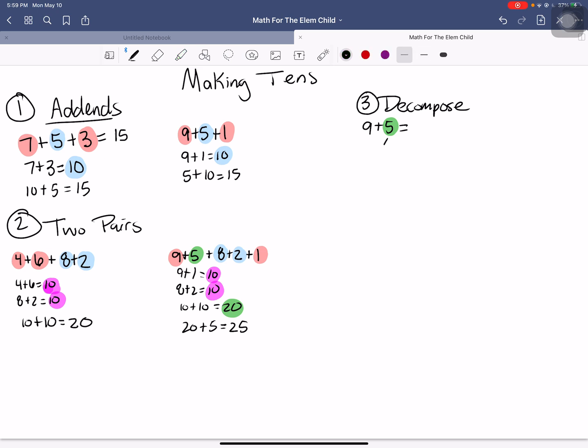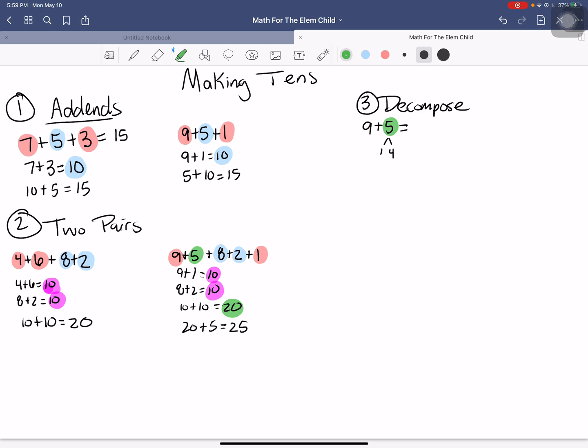So let's break down the 5 to get 1 and 4. Because if we were to break it down to 2 and 3, it wouldn't really make a nice number to add to the 9. If we were to have 2 and 3, we would get 9 plus 2, which is 11. That's not really nice to work with. Or we would get 9 plus 3, which is 12, and that's also not really good to work with.